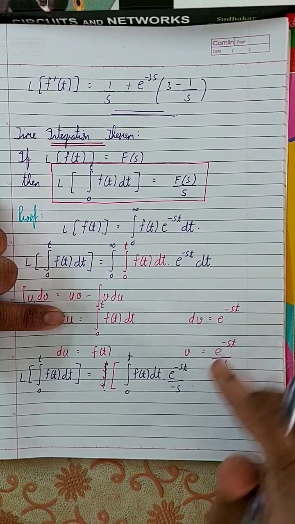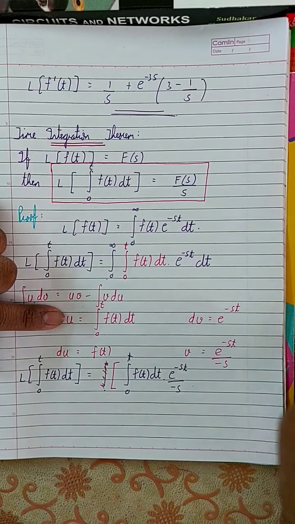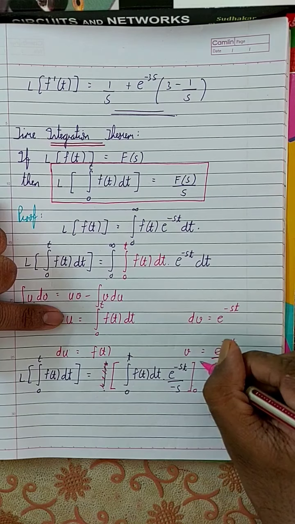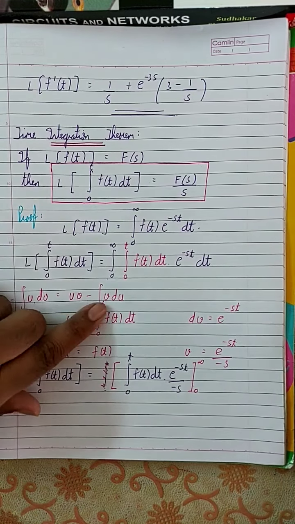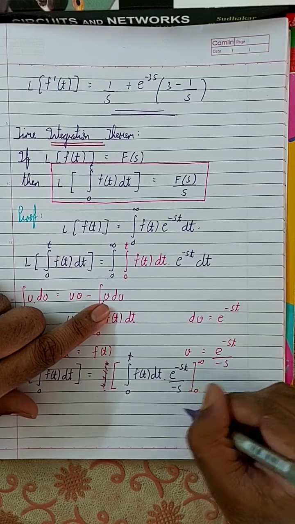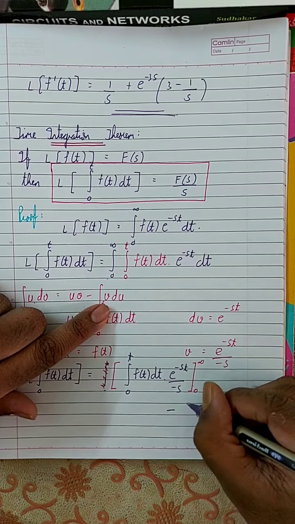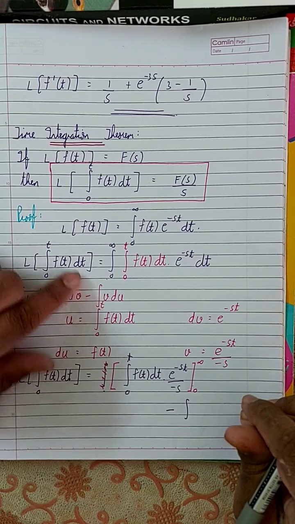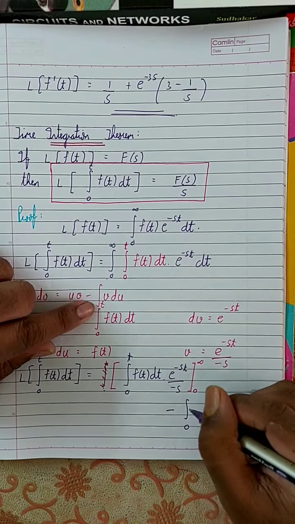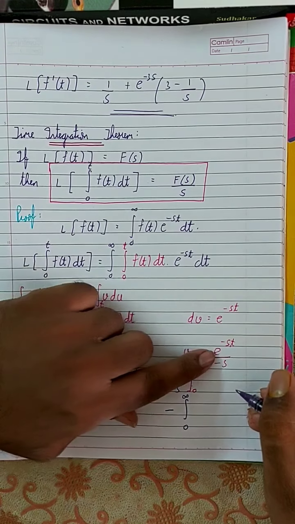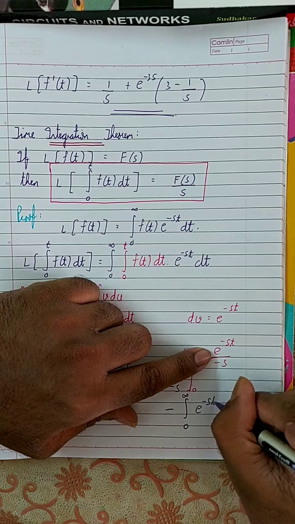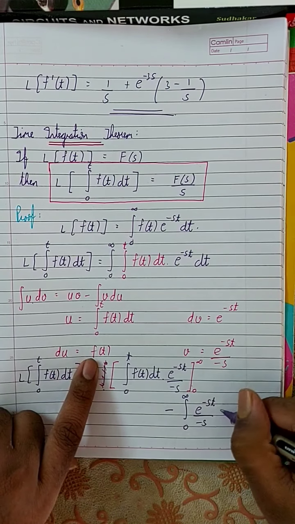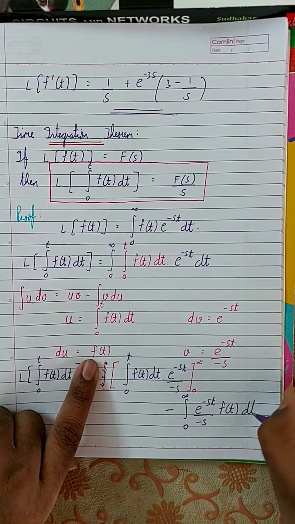This is one part of the answer, evaluated from 0 to infinity, minus, now the second half is this one, minus the integral from 0 to infinity of v, which is e raised to minus st by minus s, and du, which is f of t dt. This is what you get.